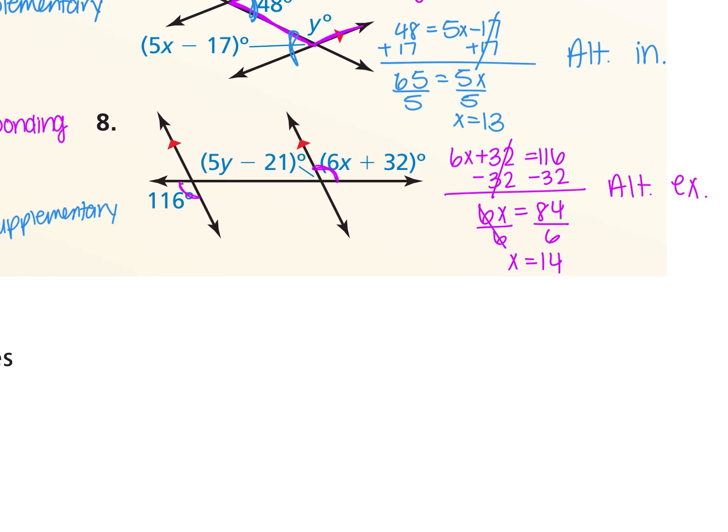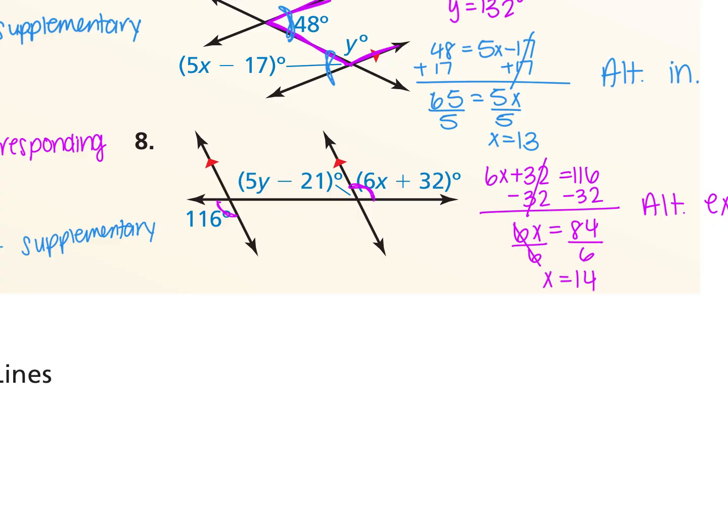And then last thing is I'm going to go ahead and solve for y. Looking at y, I can take this angle right here. Why? Because 6x plus 32 equals 116. So instead of using 6x plus 32, I'm going to plug in 116 here. So I'm solving it as 5y minus 21 plus 116 equals 180.